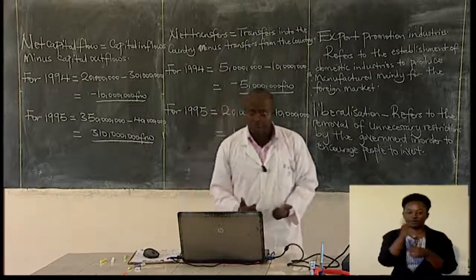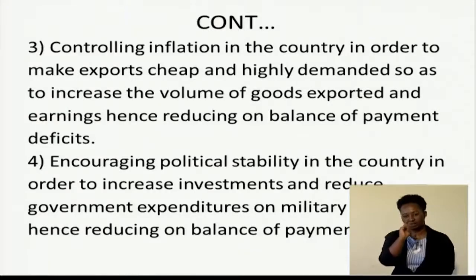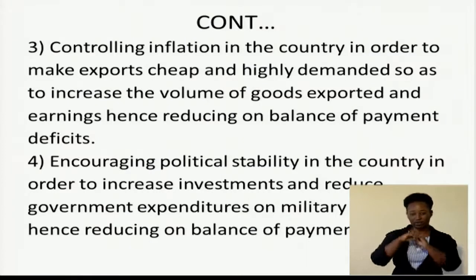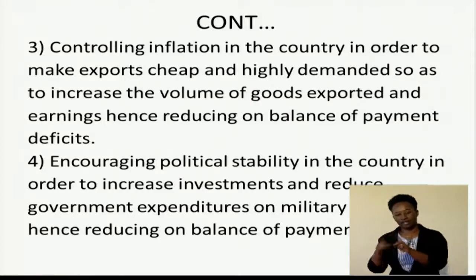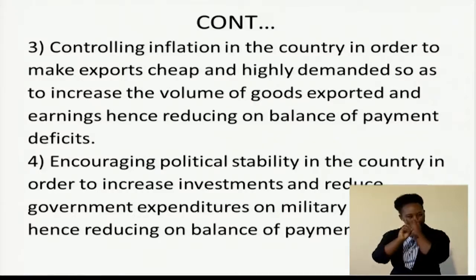The next solution, in order to solve BOP deficit, is encouraging political stability in the country. Now, if there is security in the country, this will encourage more people to invest in different activities. And this will increase production because more people are investing in different activities.